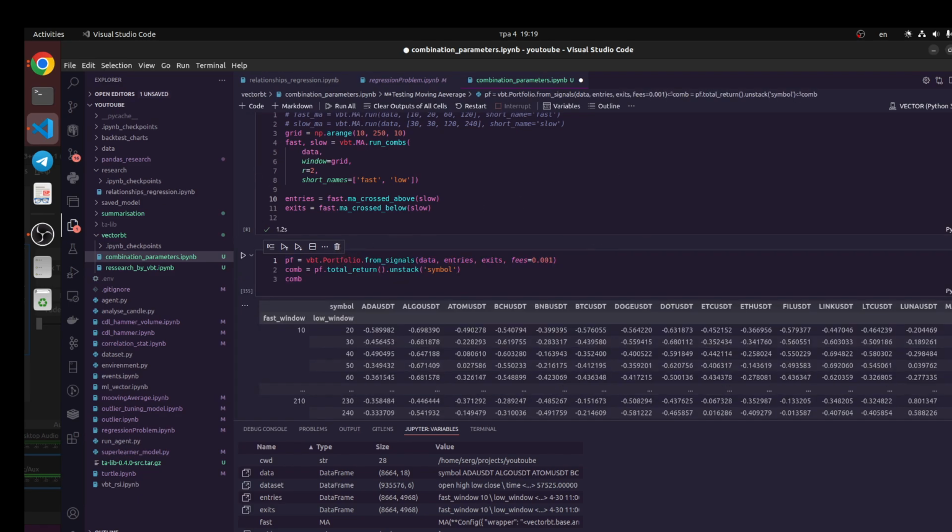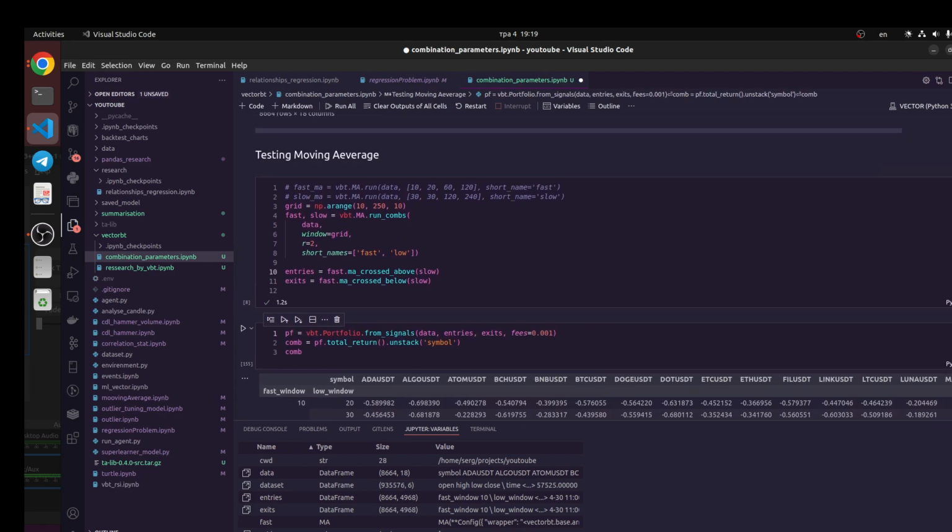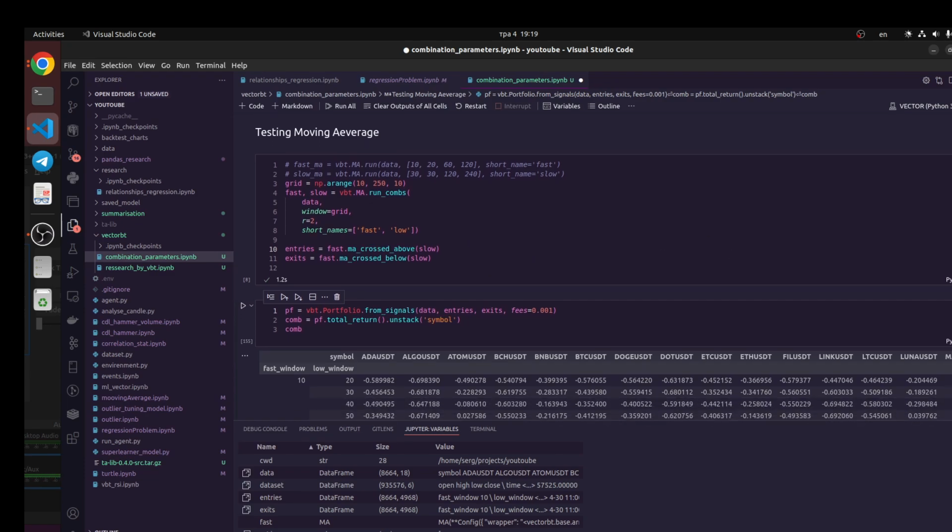Okay, let's do it. And next we need to create a signal, and we're going to use cross below and cross above, and we indicate this trading logic. Next we need to apply this strategy and find the best parameters for each of these tickers.